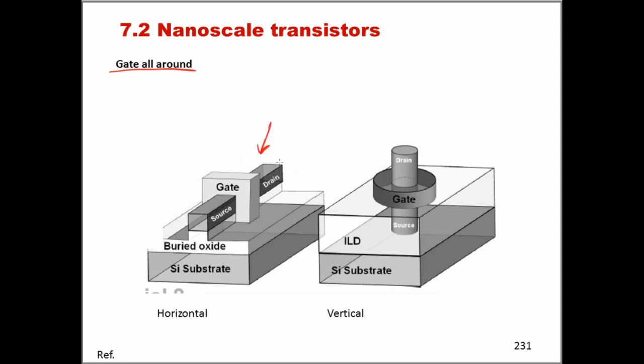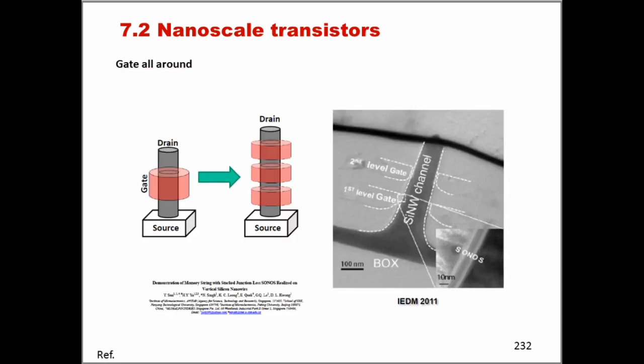As you can see here, there is either a planar, a horizontal configuration, or a more probably in fashion, I would say, vertical one that is made like that. And so the gate all around approach is particularly prone to exploit the use of nanowires. And that's what I'm trying to show you in this next couple of slides.